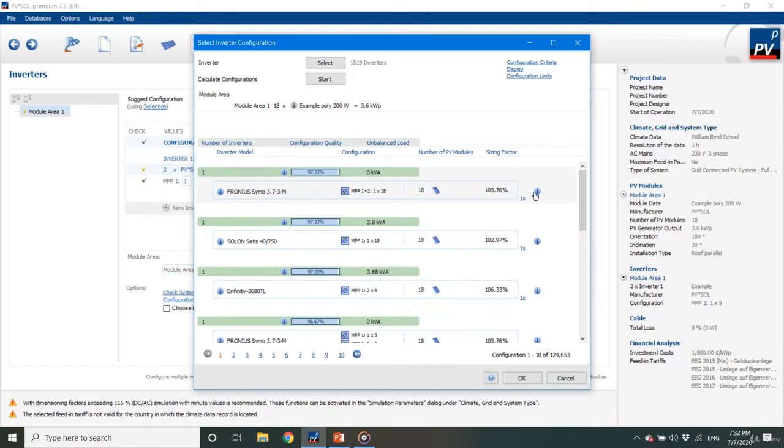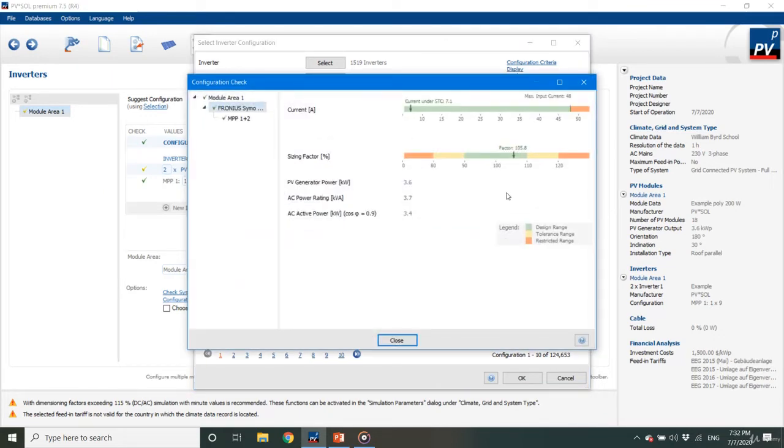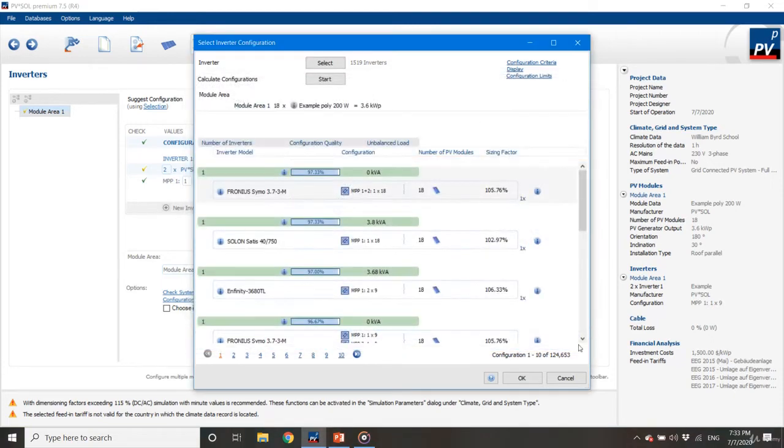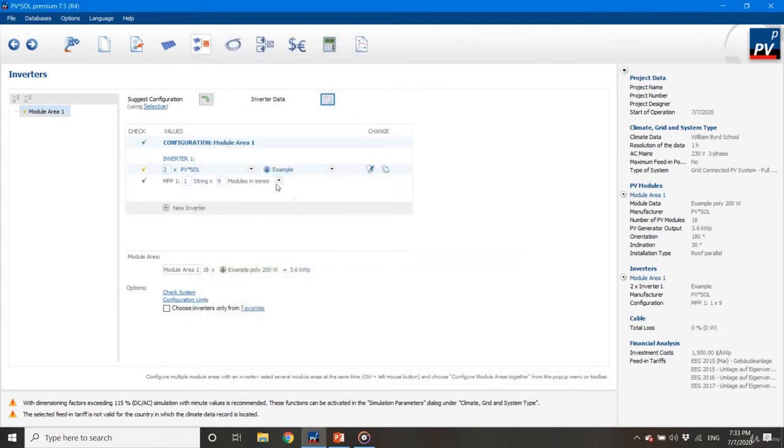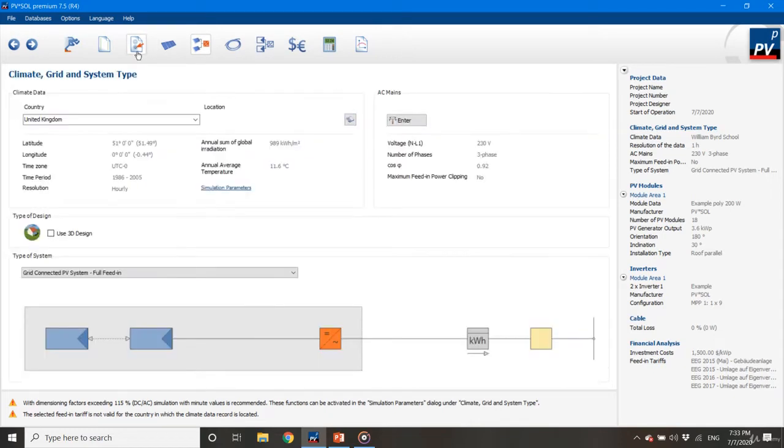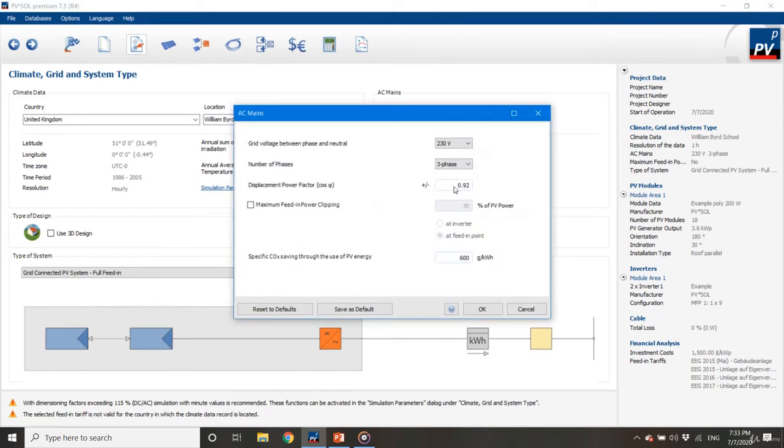What we can see is that the inverter AC power rating was 3.45 and now it's 3.7 kilovolt ampere, so we can get an active power of a close value to 3.4 kilowatt. Now back to cosine phi power factor equal 1.